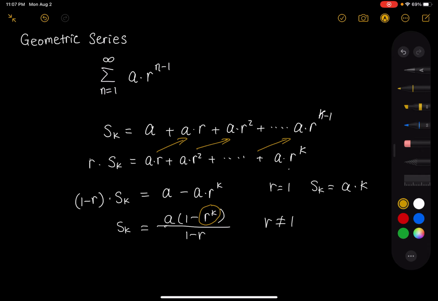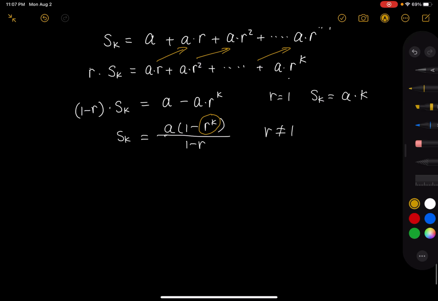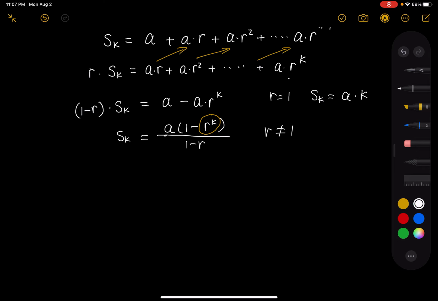That's why we have this definition, or you can try to understand why that's the case. If the absolute value of r is less than 1, the series will converge. Why?